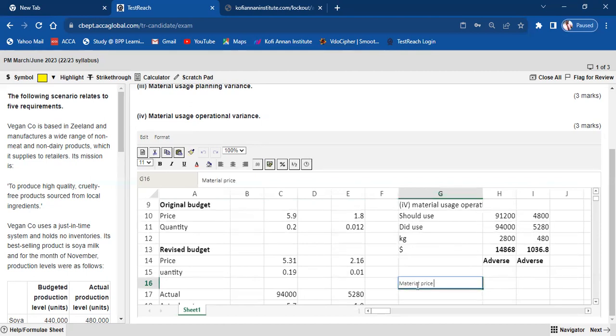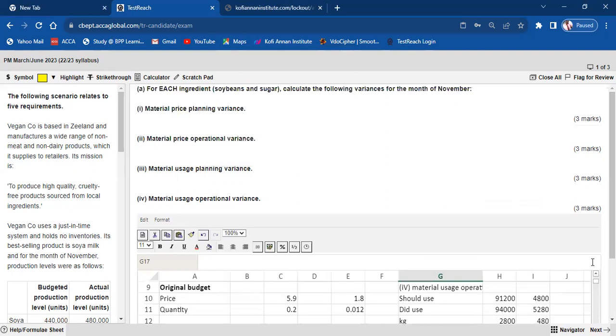I have a question. Yes, please. Is it say in the class when we were doing the operational and the planning variance, after coming out with the original flex, the revised flex, and the actual flex, we found the difference between the actual and the revised operational.